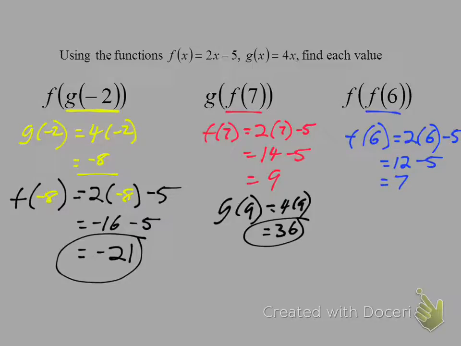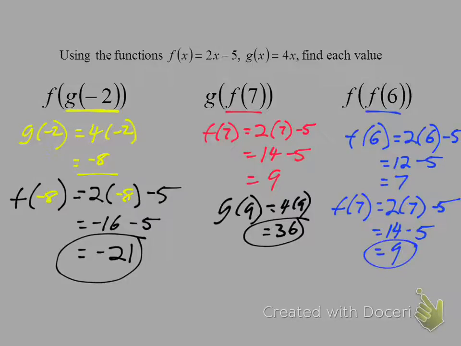So now you found f of 6 to be 7. Now you're going to go find what? F of 7. So even though it says f, you do it again. 2 times 7 gives you 14. Minus 5 gives you 9.